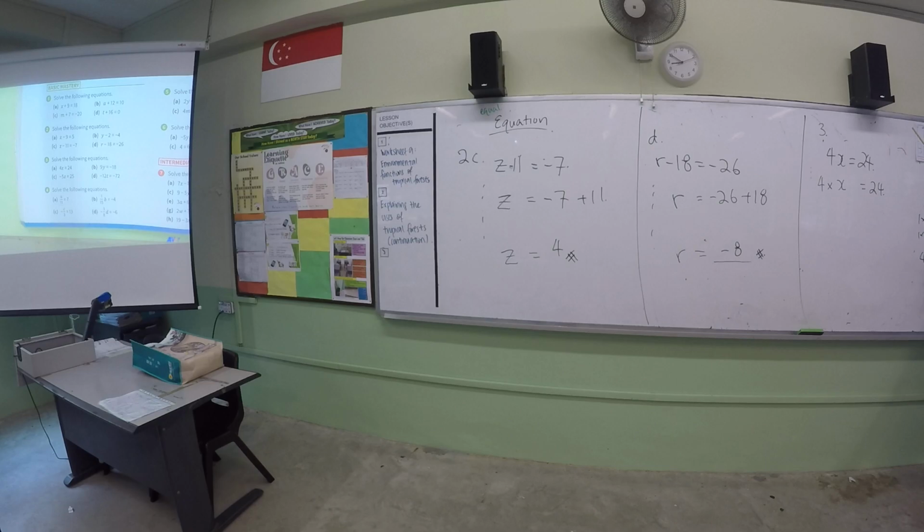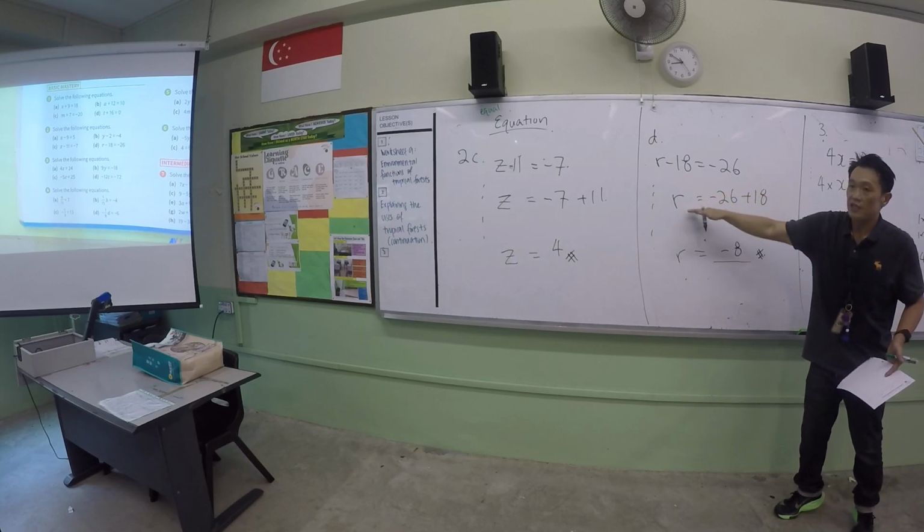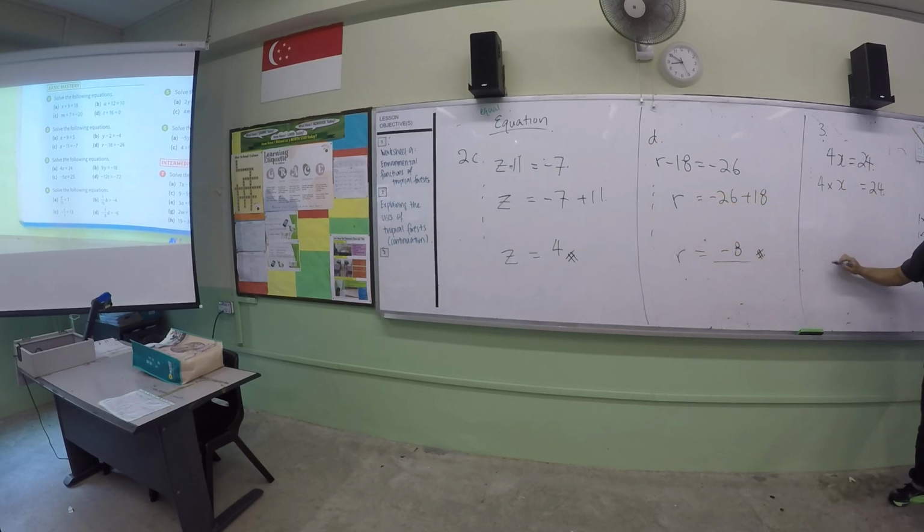Okay? Because we know our timetable. But if the numbers are very difficult, we can also do systematically until we have 1x. Then we will know what is the value of x that will balance the equation.